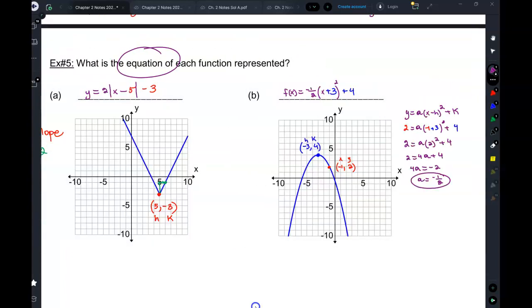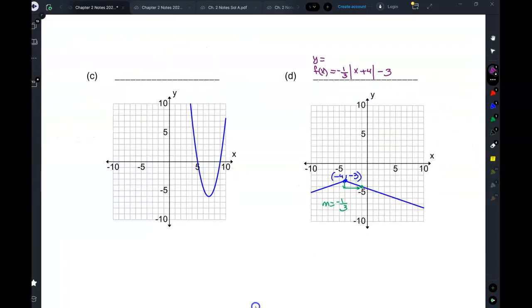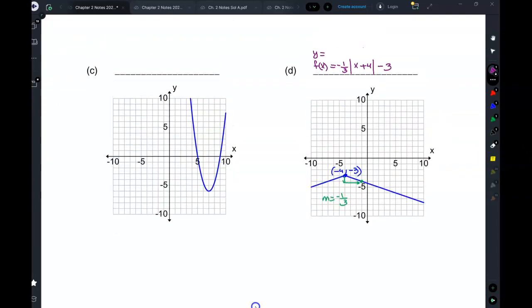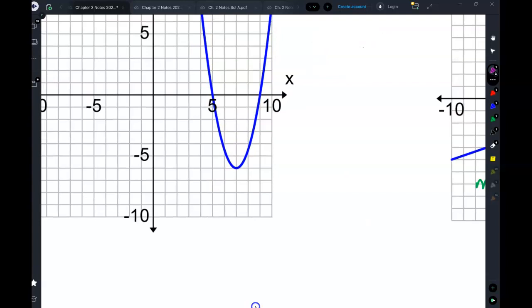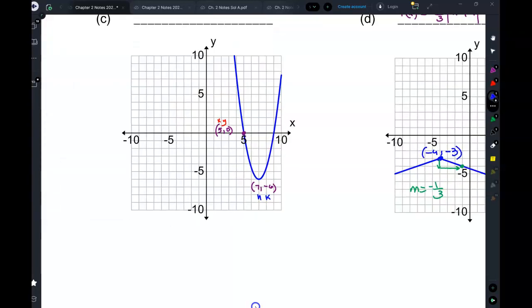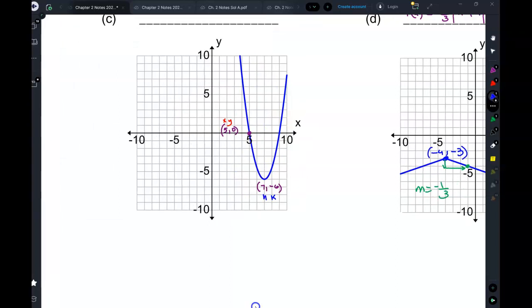All right, let's do another one. Here. What's the vertex? Okay. Oh, you know what? This time, the intercept is on a corner, so I'm going to pick that. 5 comma 0. And always label, right? This is x and y, this is h and k.